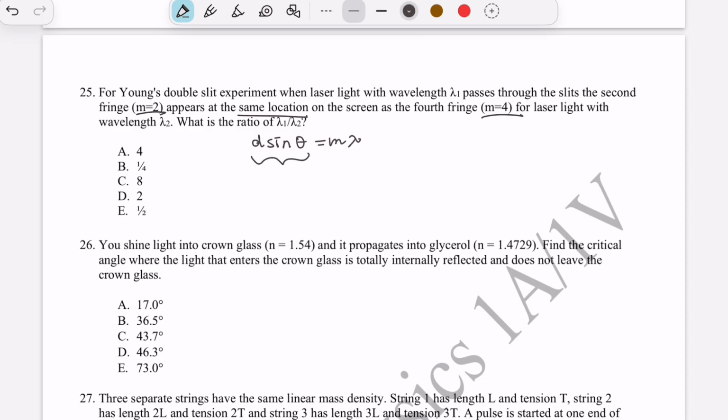This is not changing, but we are changing m. For lambda 1 it's 2 lambda 1, and we have 4 lambda 2. These two are equal to each other because it's at the same location. So if 2 lambda 1 equals 4 lambda 2, we rearrange for lambda 1 over lambda 2, and this will be 2. So this is option D.